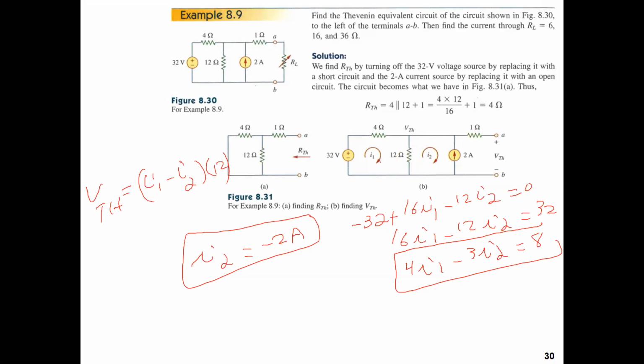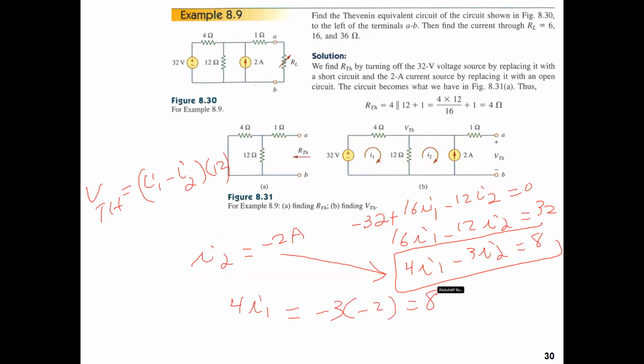Okay. So now again we have I2. We need to find I1. So we can plug I2 here. So we get to find I1: minus 3 minus 2 equal to 8. Oh, sorry, there's no need for the plus here.